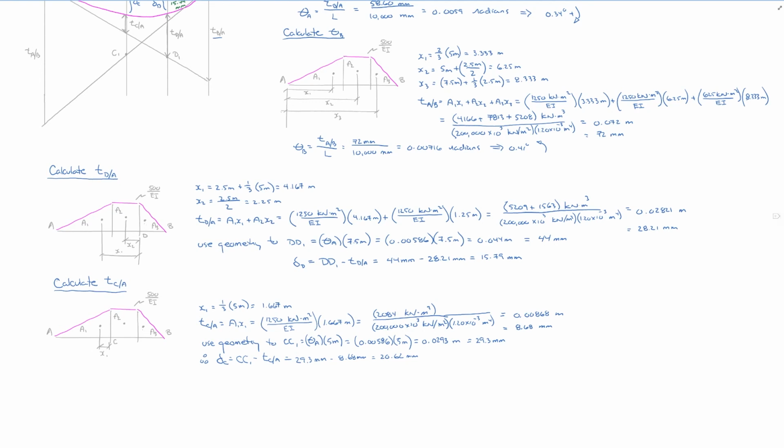We've done that using the moment area method, and it's a really great technique. Of course, it ties in nicely with the method of successive integrations because it's using that same curvature relationship. But really, it's a technique, and it allows you to comprehend a little bit more how it all comes together.